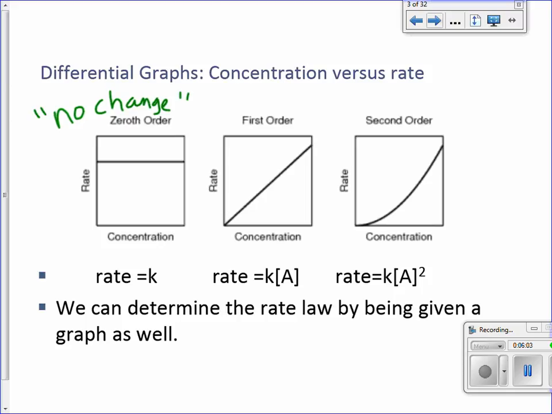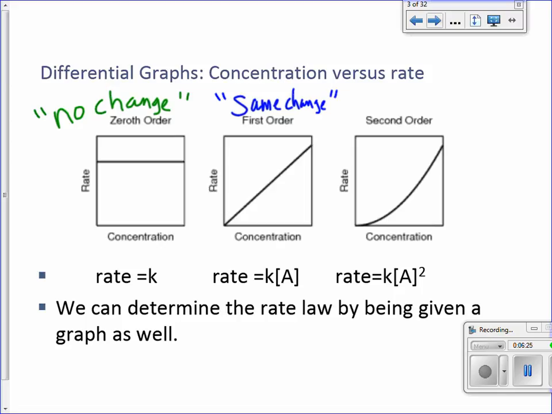So that's why it's just a straight line across. The first order is going to be what? Anybody remember? Same change. Same change. Good. And so it should be the same change. It should be very proportional, nice straight line slope.